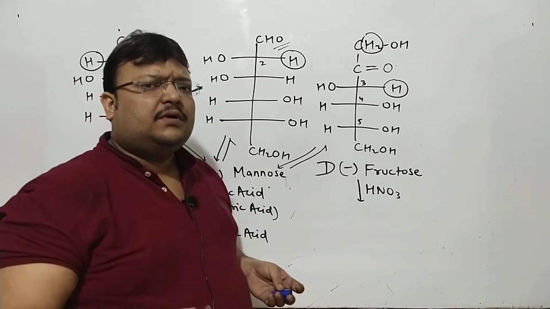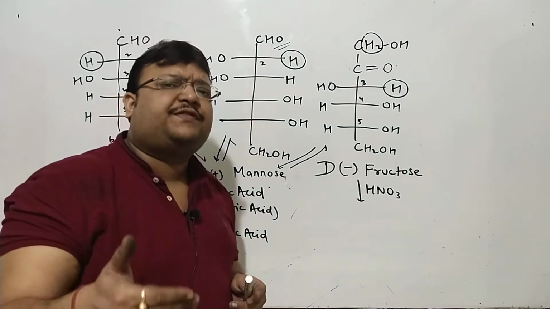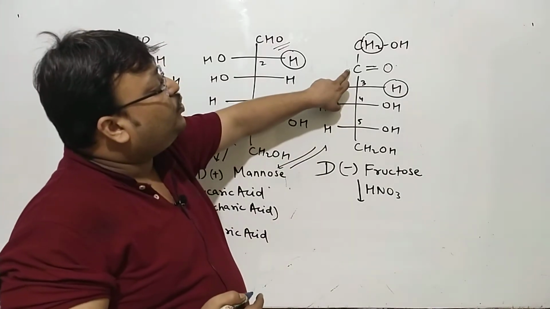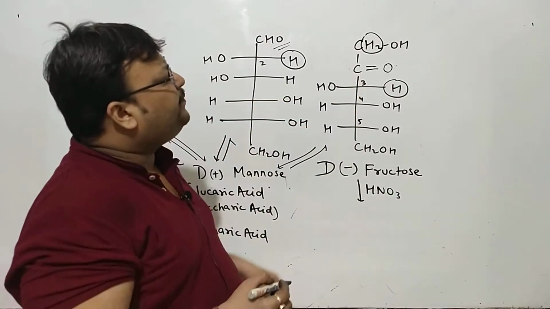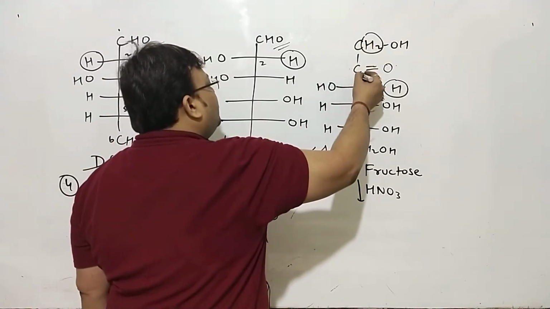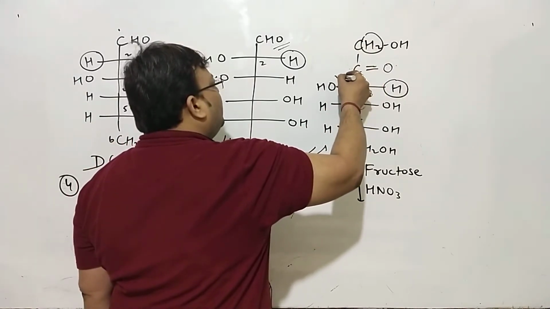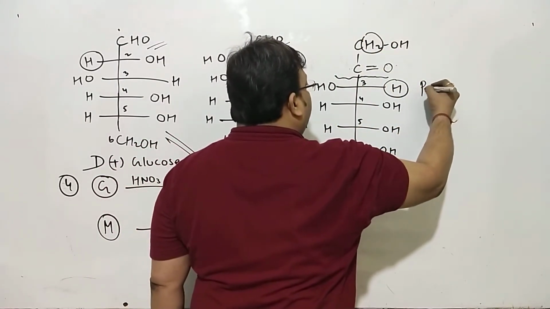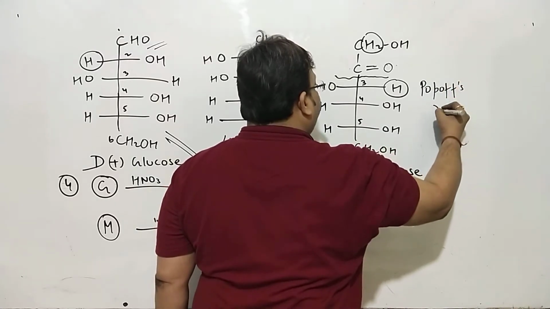And you remember, there was a particular rule called Popoff's rule, where if a carbonyl or a ketonic group is broken, it goes with the smaller alkyl group. So suppose it's broken in this way, so that this goes with the smaller alkyl group. It's called Popoff's rule.